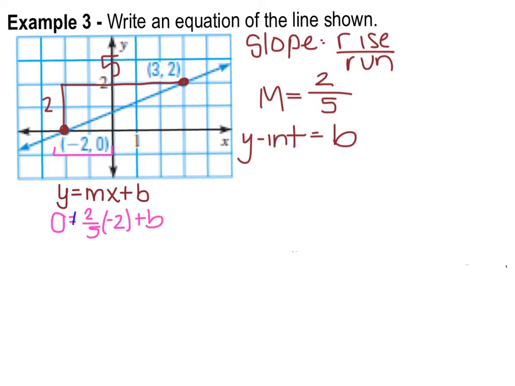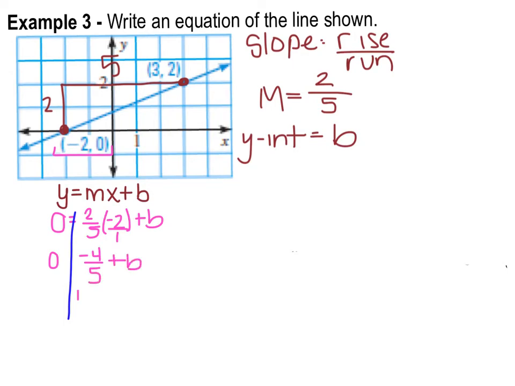And I'm going to draw my line, and I'm going to continue that down. So keep my 0. When I multiply fractions, multiply straight across the top and straight across the bottom. So I turn that negative 2 into negative 2 over 1. So negative 2 times 2 is a negative 4. 5 times 1 is 5, plus b.